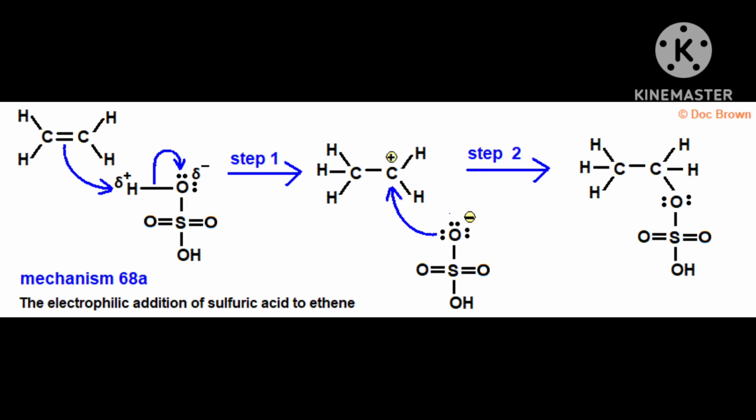The HCl bond is stronger than HBr, and HI is weaker. HBr has a weaker bond, only 363.7 kilojoule per mole.